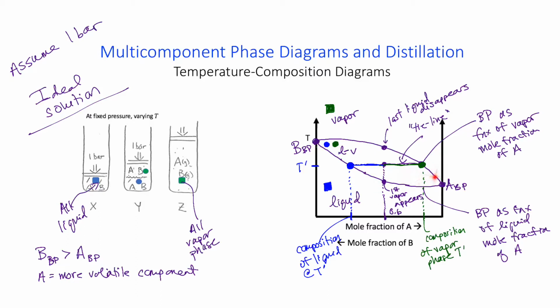We get a vapor that is relatively enriched in A, and a liquid that is more enriched in B. And then as we keep heating, that vapor will get a little less enriched in A and even more enriched in component B. So I hope that was helpful in how you want to interpret these temperature-composition diagrams and how they can be helpful.